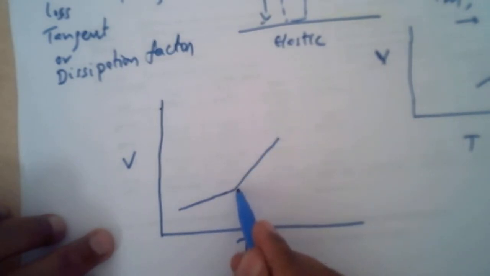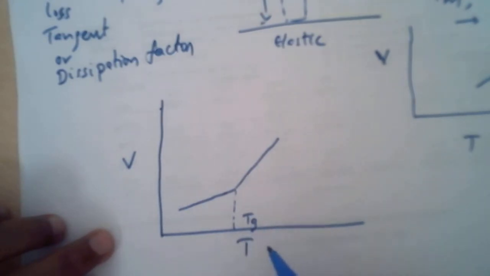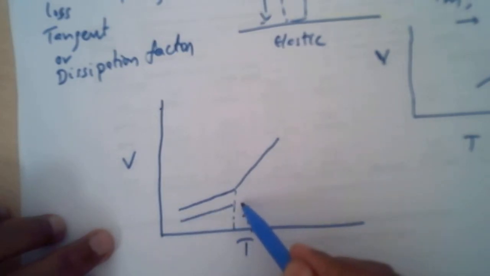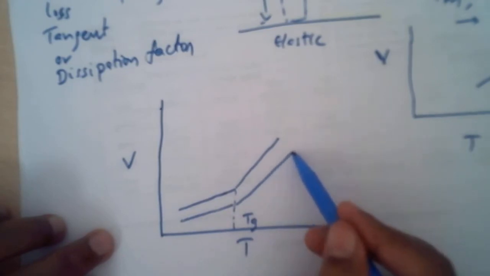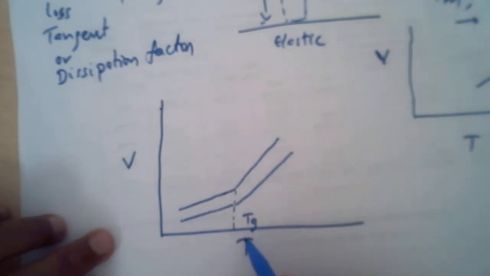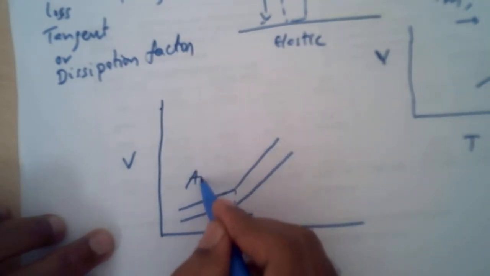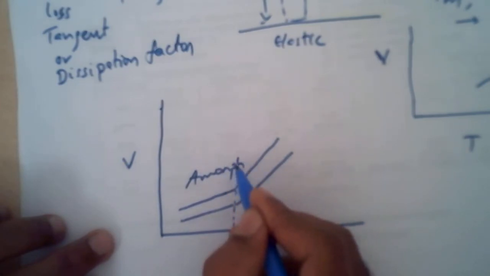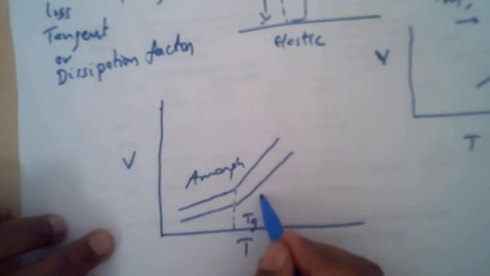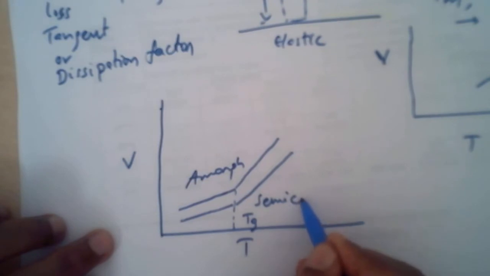Only there is a change in the slope. This is Tg. Now if you take a semi-crystalline material like a polymer which is both amorphous, this is amorphous, this is semi-crystalline.